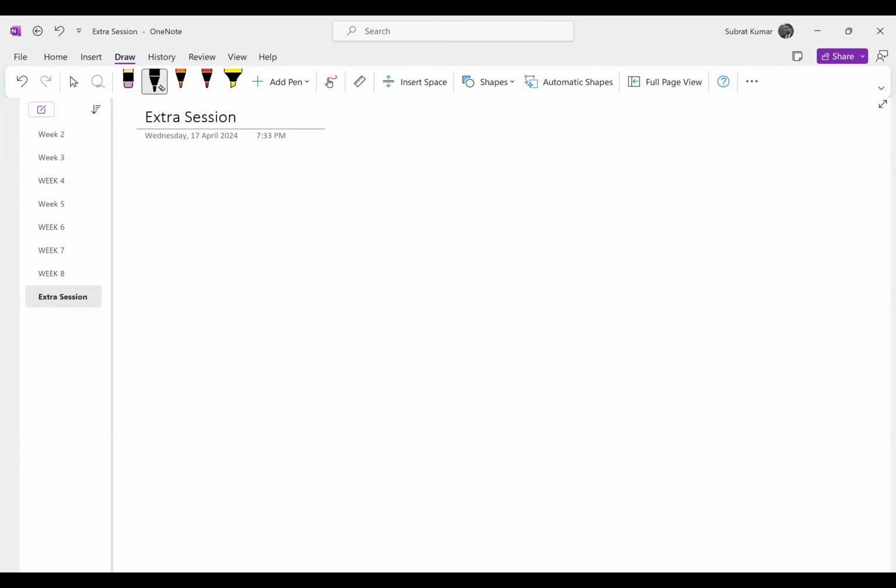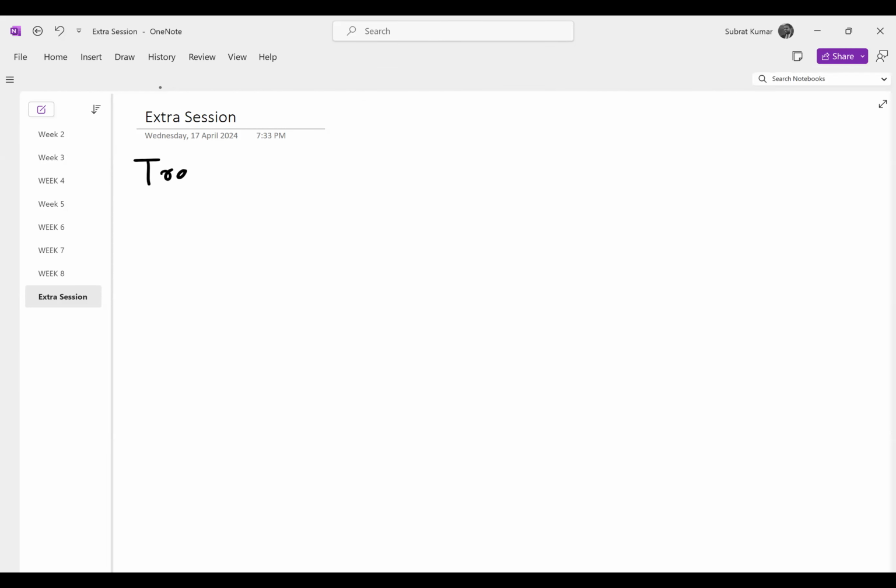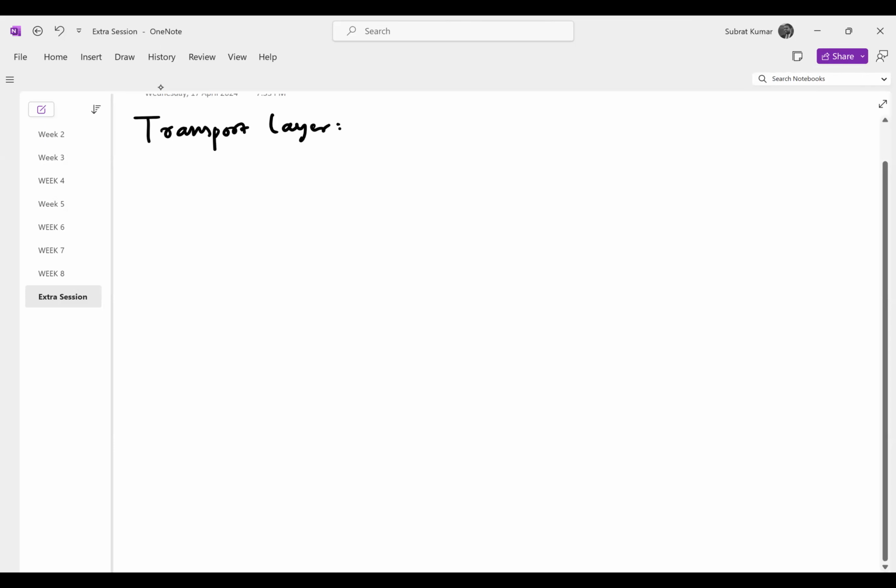Sorry for interruptions. So the first thing that we'll be solving today is a question from the transport layer. In the transport layer, the first thing is flow control.